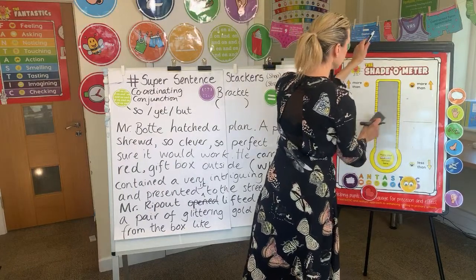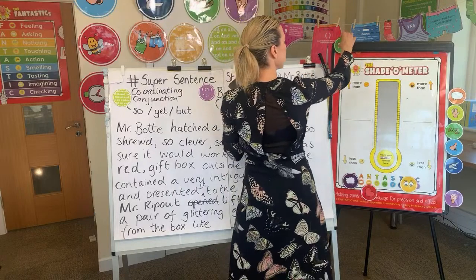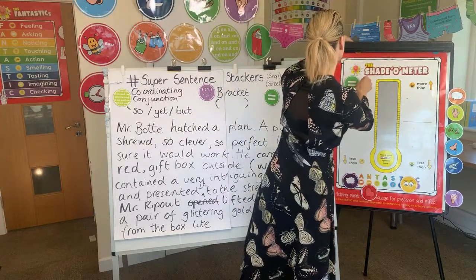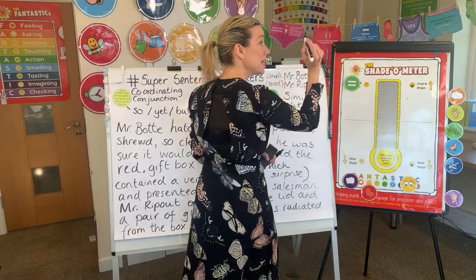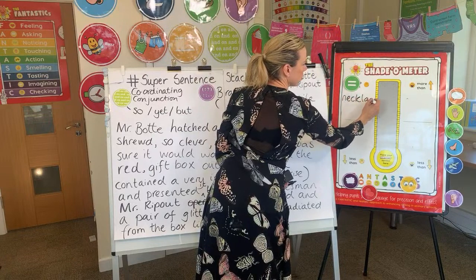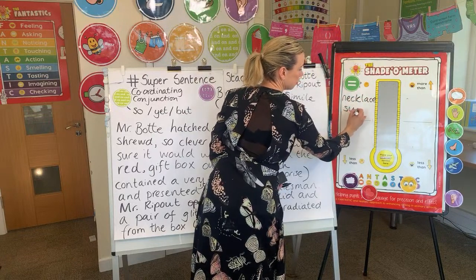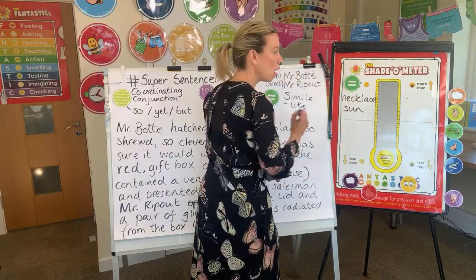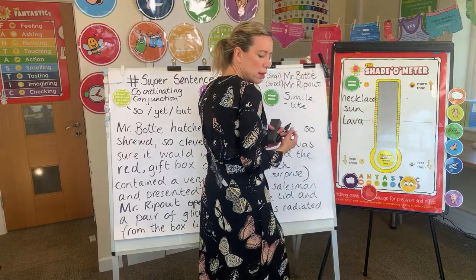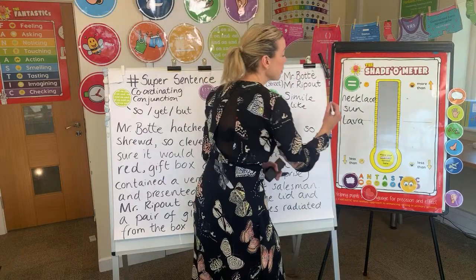That could work. Let me write some ideas down of other things in the world that are gold. So, necklace. The sun. Lava. Well, has a golden aspect to it.